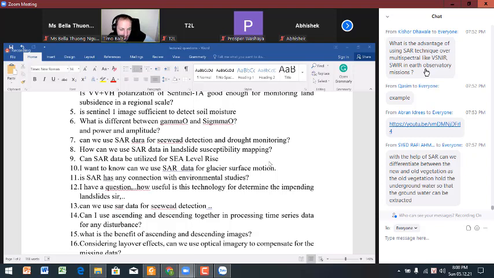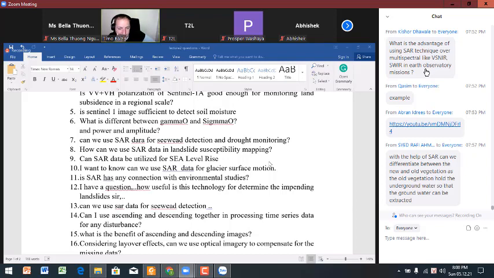And can we use SAR data for glacier surface motion? Yes, we can. We will also talk about that, again with amplitude and SAR interferometry.